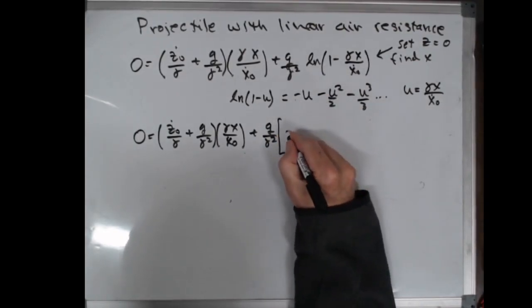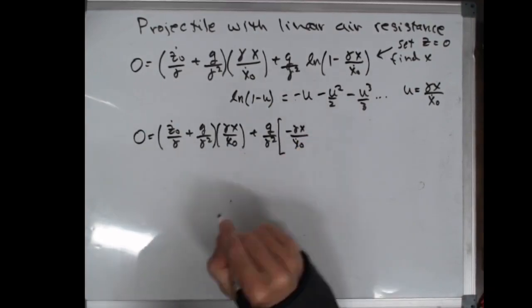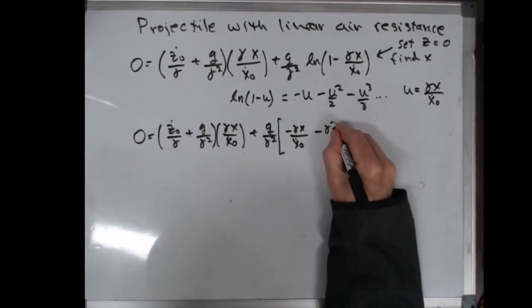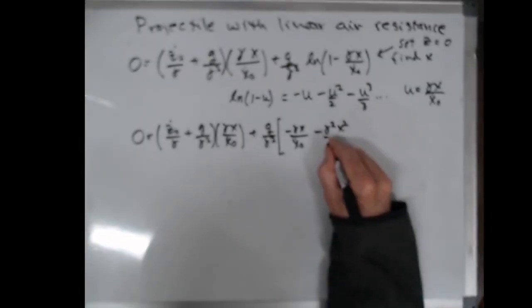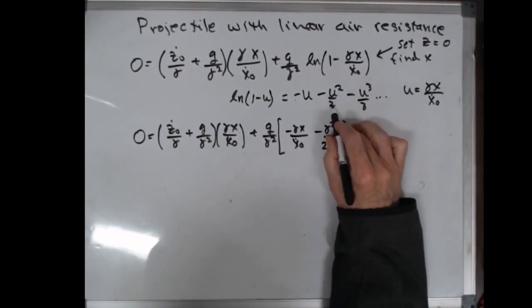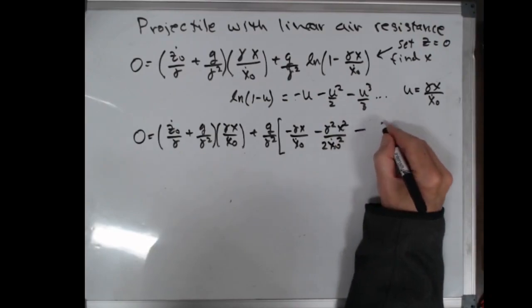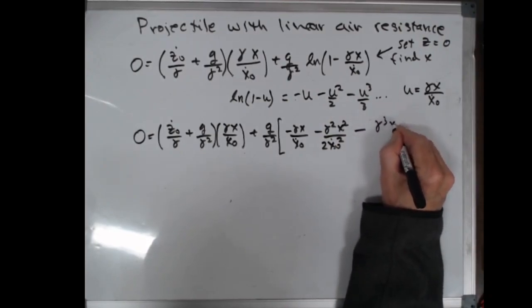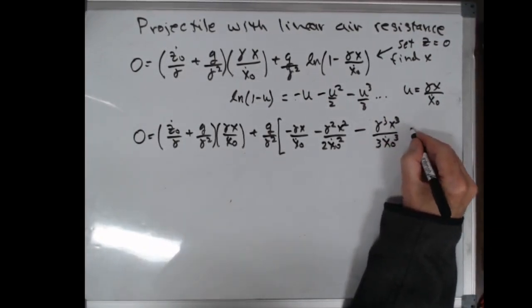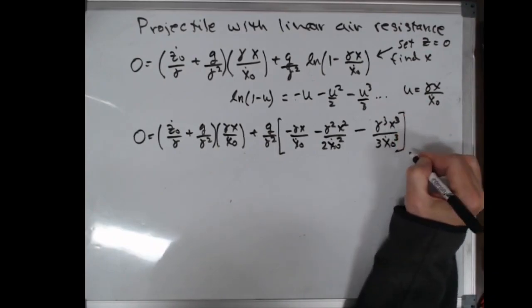I'm going to have a minus u, so it's minus gamma x over x naught dot, minus gamma squared x squared over x naught dot squared times 2, because I've got a 2 there, and then I have a minus gamma cubed x cubed over x naught dot cubed with a 3 there, and there will be additional terms. We're going to drop all those terms.